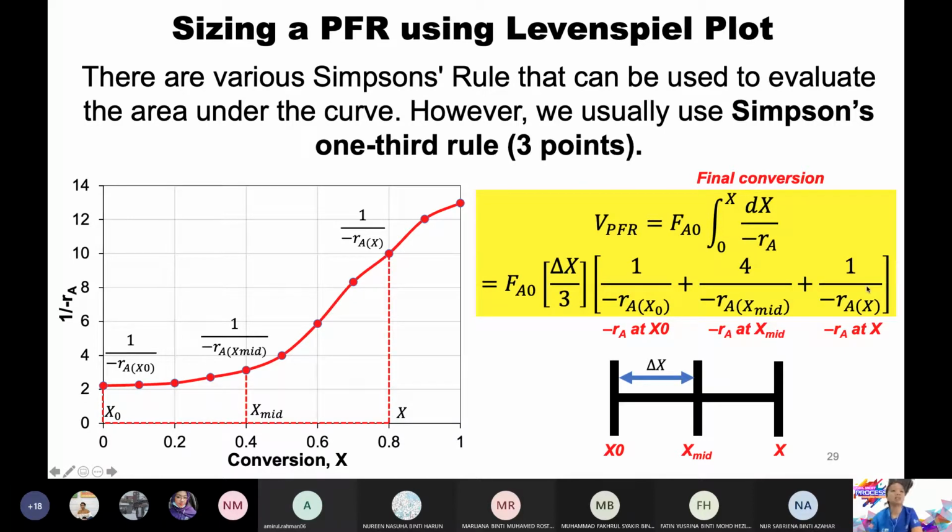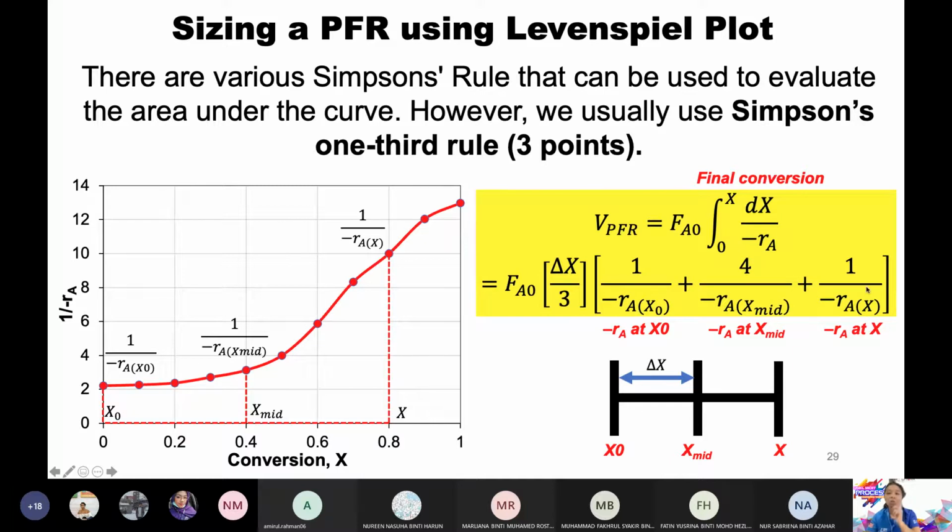The one at the back is 1 per minus RA at my final X. What is the final X? Look at my integration limit. I integrate from 0 to X. So the first point just now is 1 per minus RA when my X is 0.